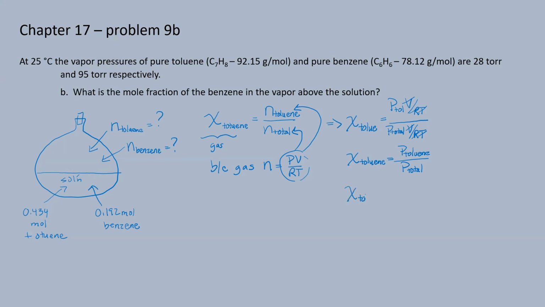So the mole fraction of the toluene: the pressure of the toluene we saw in part A was 19.4. Whoa, 19, not 12. And the total was 48.5.